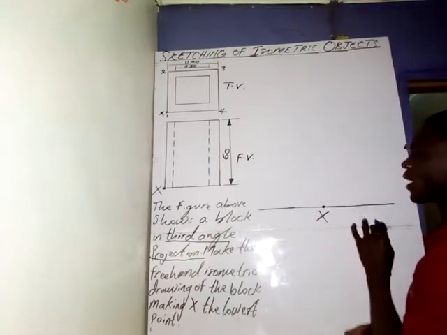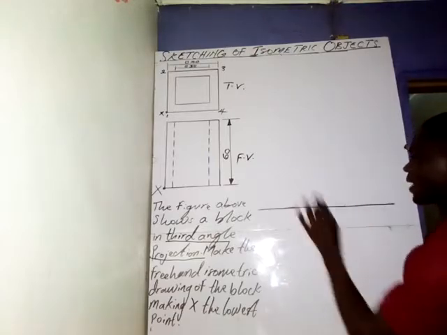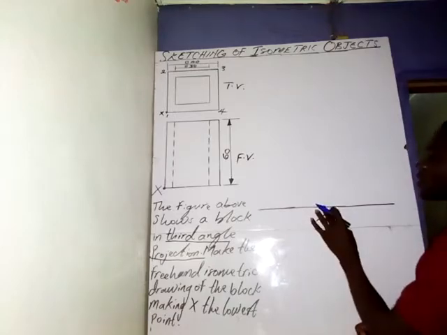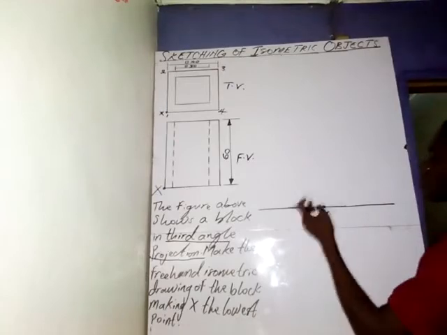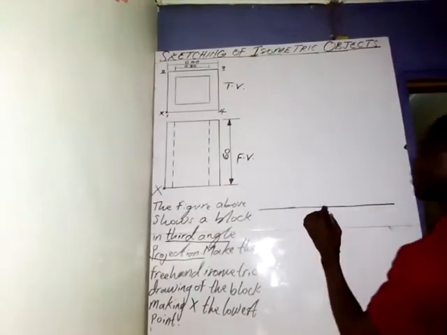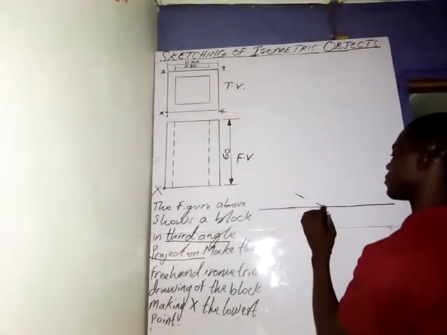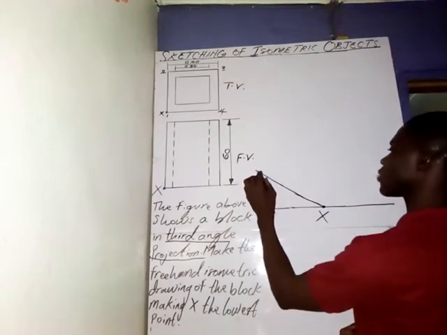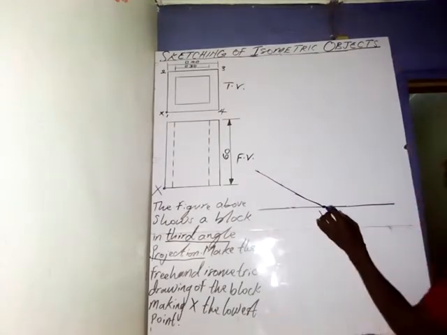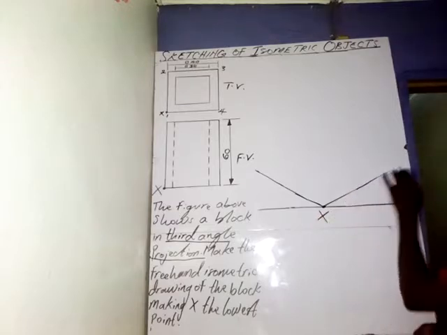You are not to draw it with a ruler; use your hand like this to join the points, and do the same thing on this side.